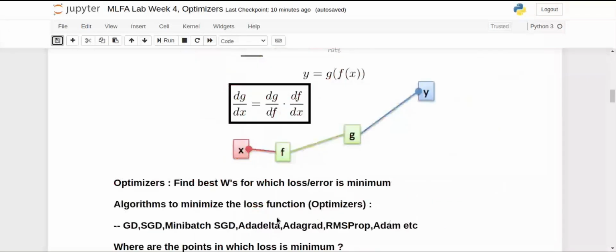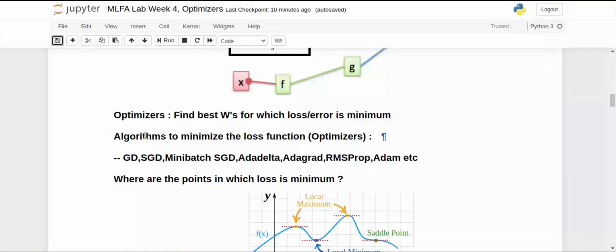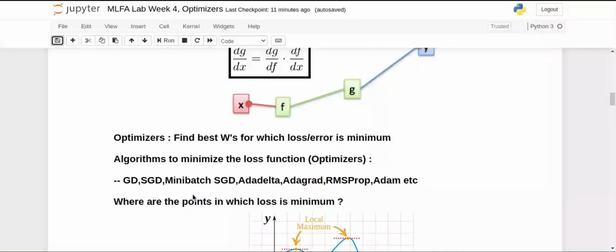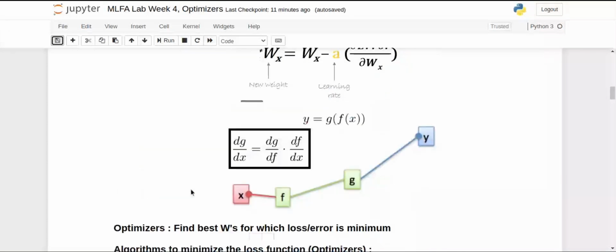To minimize this loss function, there are several algorithms like gradient descent, stochastic gradient descent, mini-batch stochastic gradient descent, AdaDelta, AdaGrad, RMSprop, and Adam. Gradient descent, stochastic gradient descent, and mini-batch stochastic gradient descent differ in a single line.